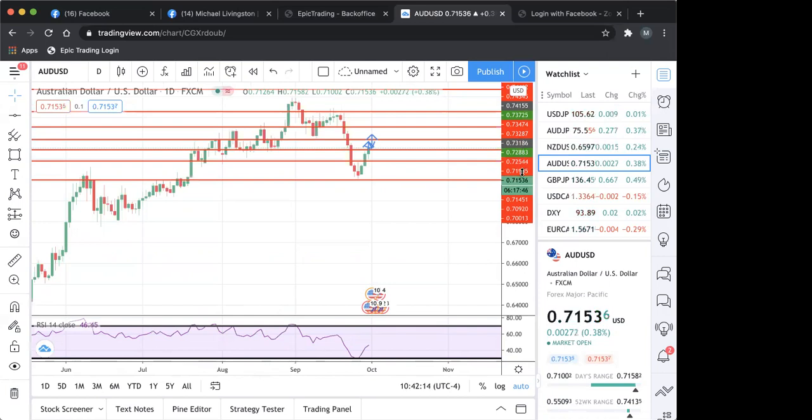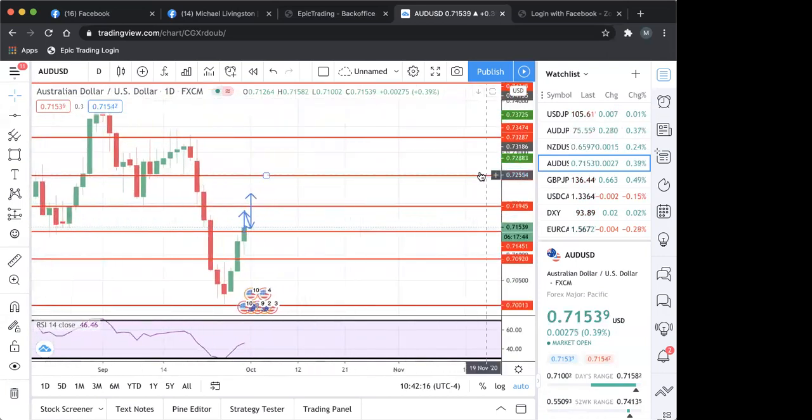Okay. So we'll just look at these red lines real quick and count the pips. If it moves from 0.7254 to 0.7194, honestly, guys, you don't look at the last number. You just look at the 7254 and the 7194 and do your math right there.